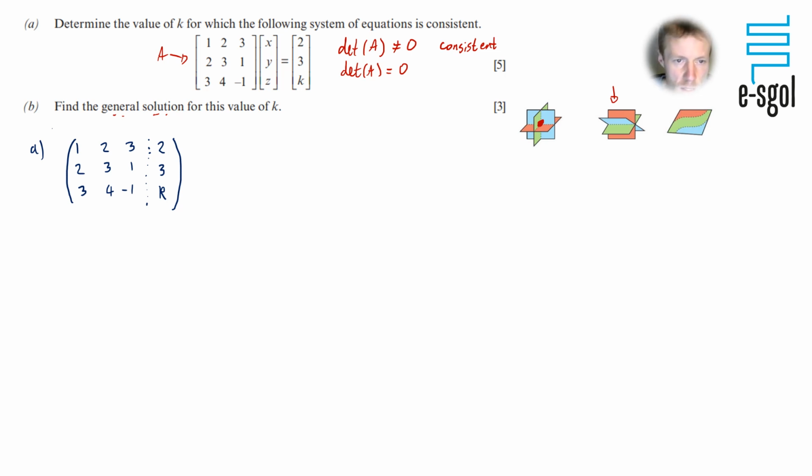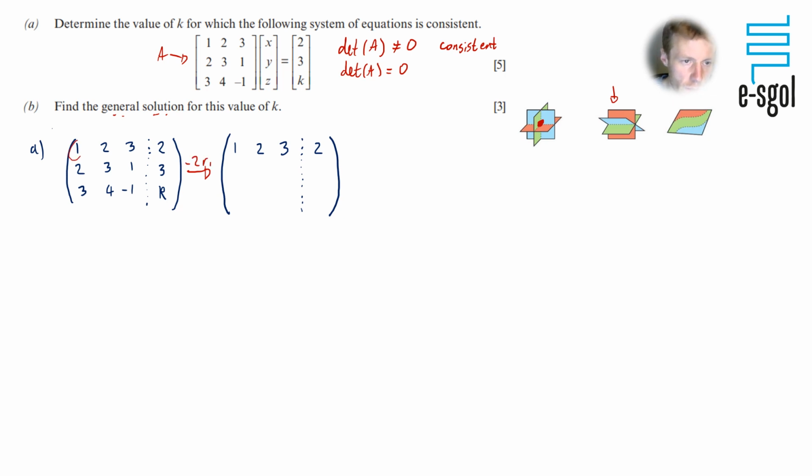So let's keep the top row, 1, 2, 3, 2. There we go. And then I'm going to take away 2 lots of row 1.